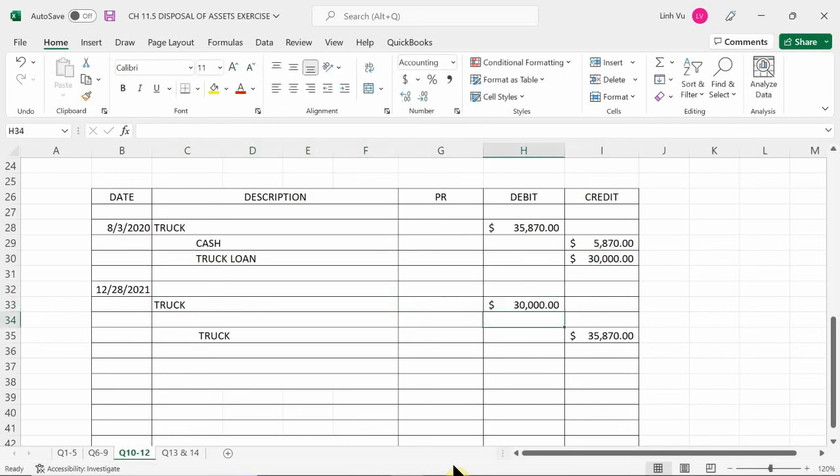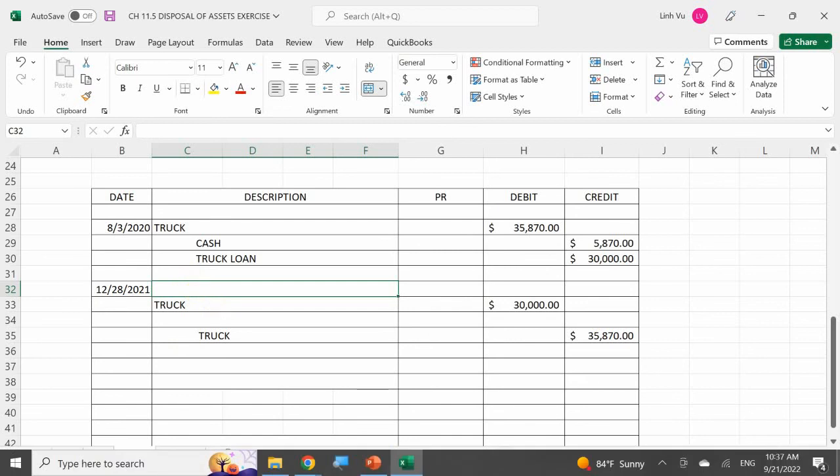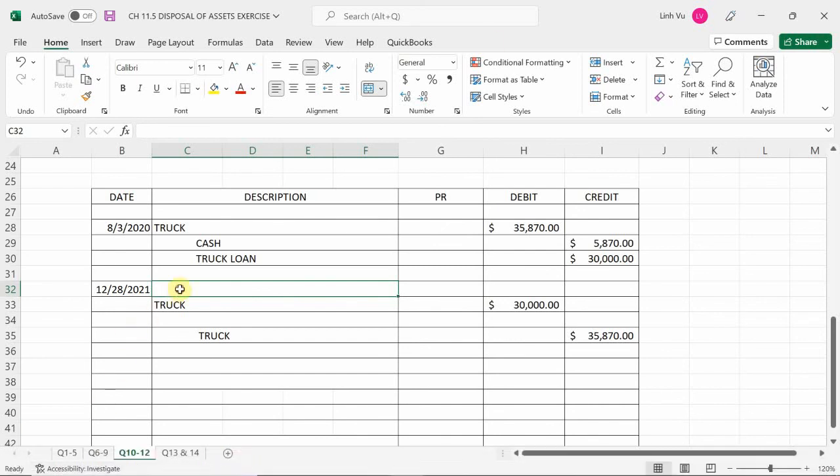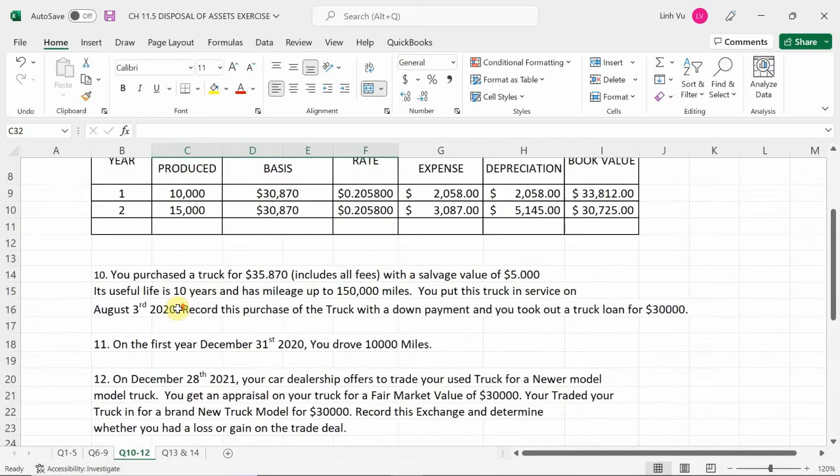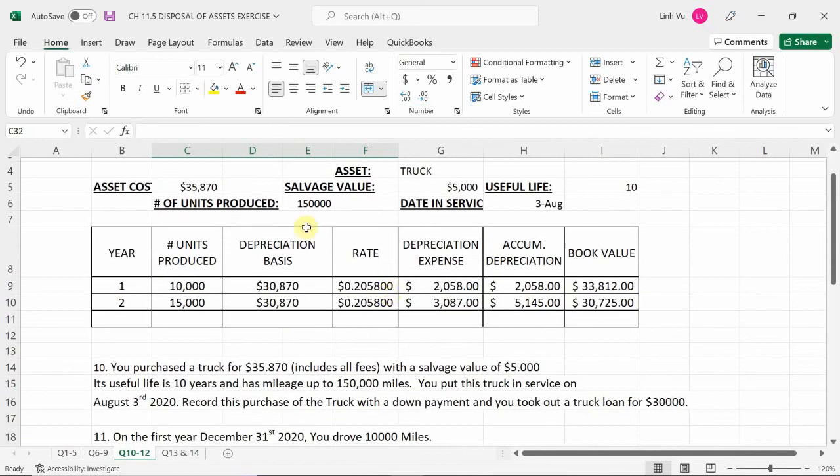And then second to last. What else is included with the old truck that accounted for? Loan. No. That accounted for me representing that I'm using the truck. How do I get to my book value?